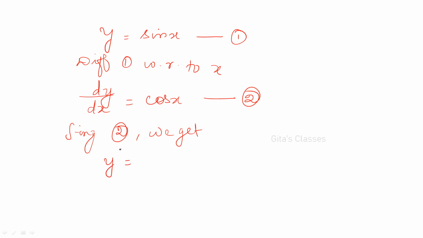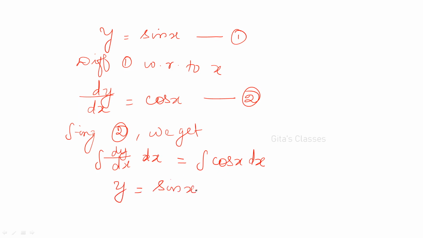And on the right hand side, it is integral of cos x dx, right? So here in the left hand side we will be getting y, and right hand side we have integral of cos x is sin x. What is this? This is our equation 1. So equation 1 is the solution of the differential equation 2.